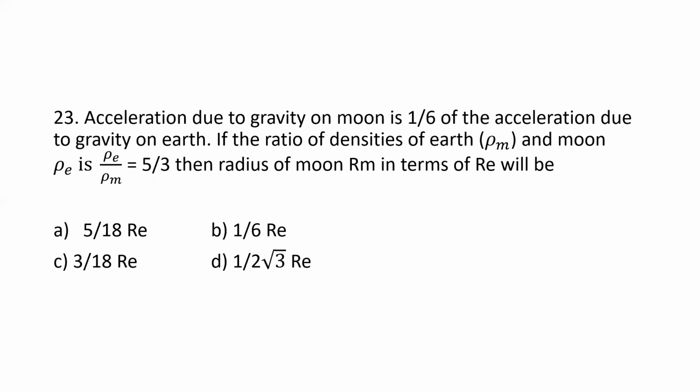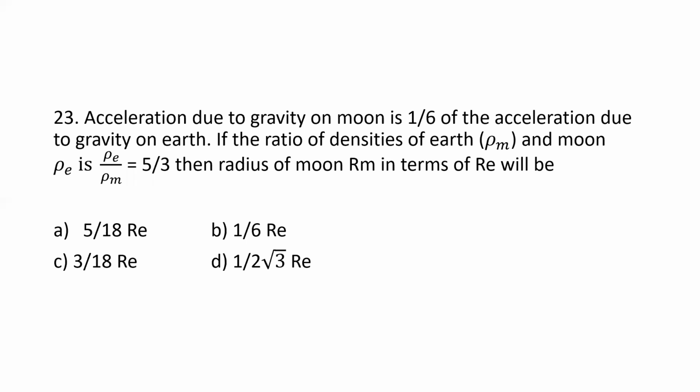The acceleration due to gravity on the moon is 1/6 of the acceleration due to gravity on earth. If the ratio of densities of earth and moon, rho e divided by rho m, is equal to 5 divided by 3, then the radius of the moon Rm in terms of Re will be.